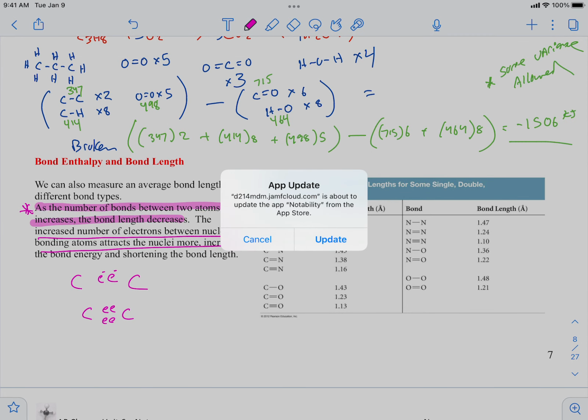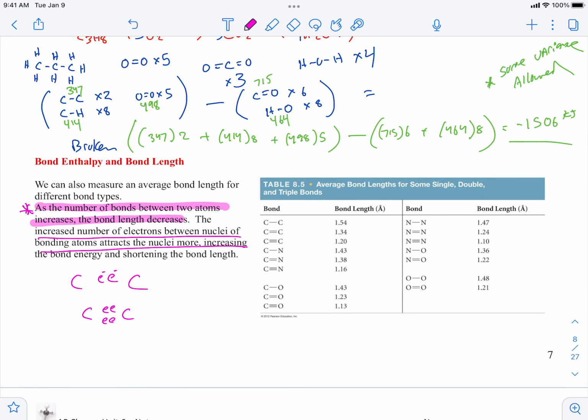If there's more electrons between them, the nuclei have more to attract, drawing them in closer. And that's true pretty much with every element. Triple bonds are the strongest bond, and they're also the shortest. Single bonds are the longest, and they're the weakest. Okay, so hopefully that all makes sense.